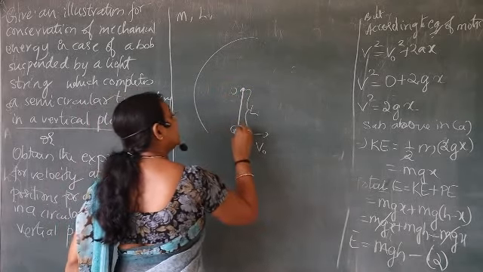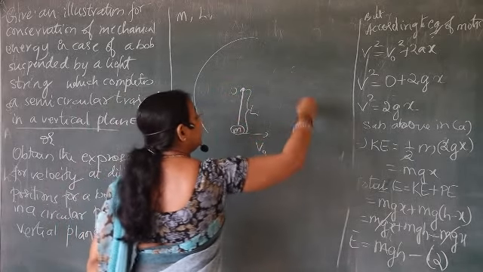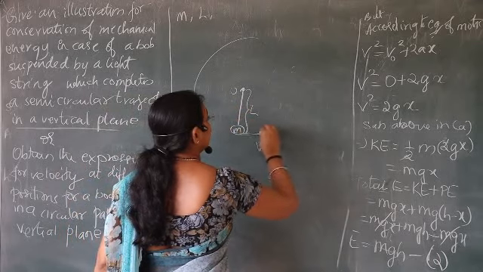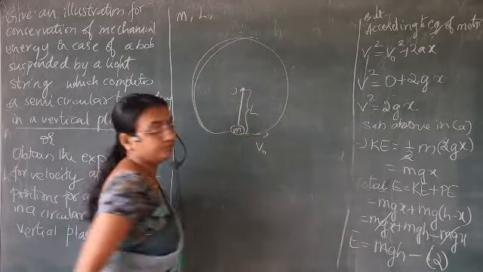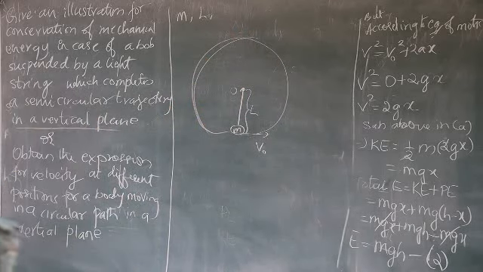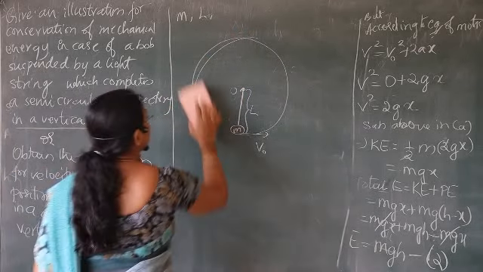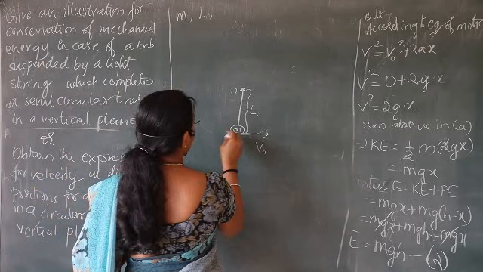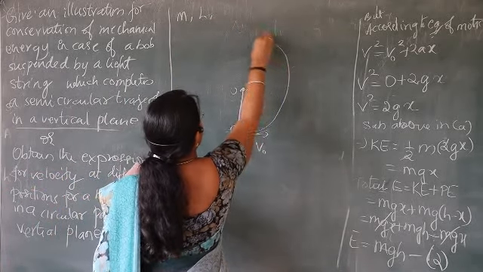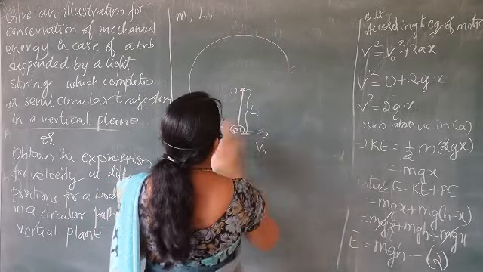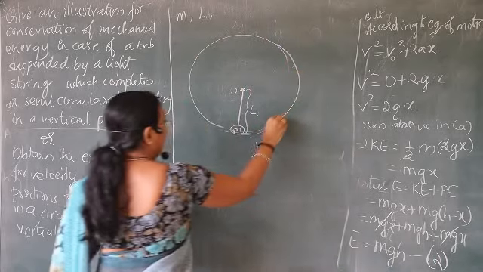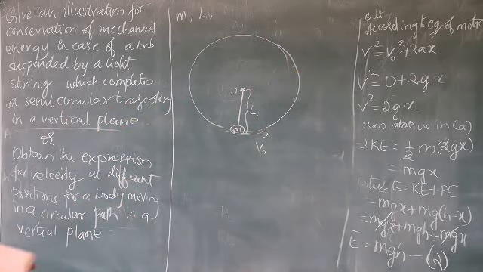So what happens when you start moving? You want to move it, so it makes a rotation and it completes one circle. Okay, it completes the circle like this, circular.